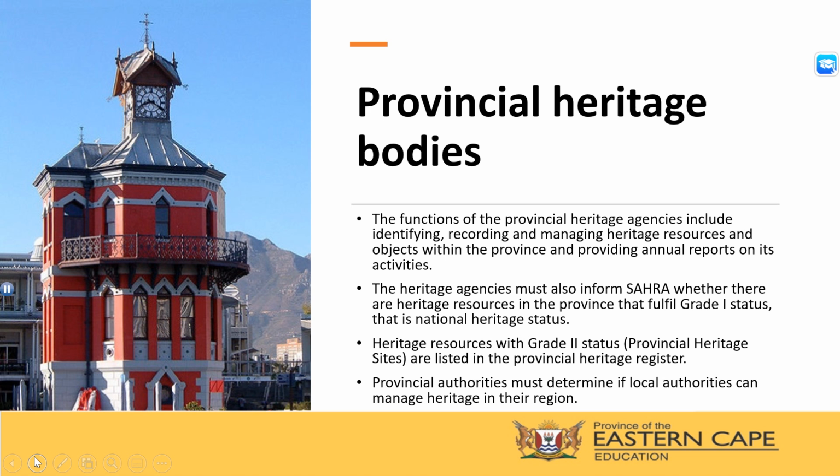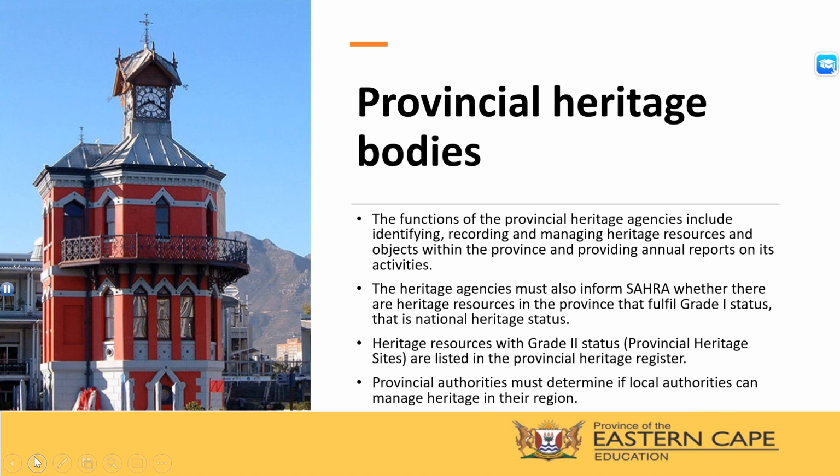Those provincial heritage agencies, each one in each of the provinces of South Africa, must also inform the South African Heritage Resources Agency whether there are heritage resources in the province that fulfill grade 1 status. Now, a heritage site or a heritage resource that fulfills grade 1 status is classified as a national heritage site.